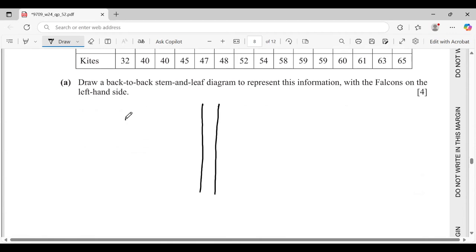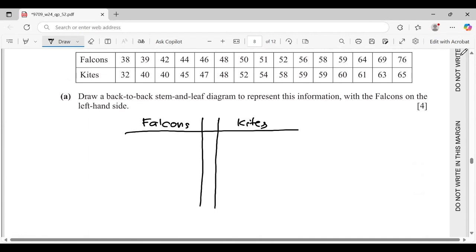Okay, this side for Falcons, and then this side for Kites. After that, find the smallest data, Falcons and Kites.